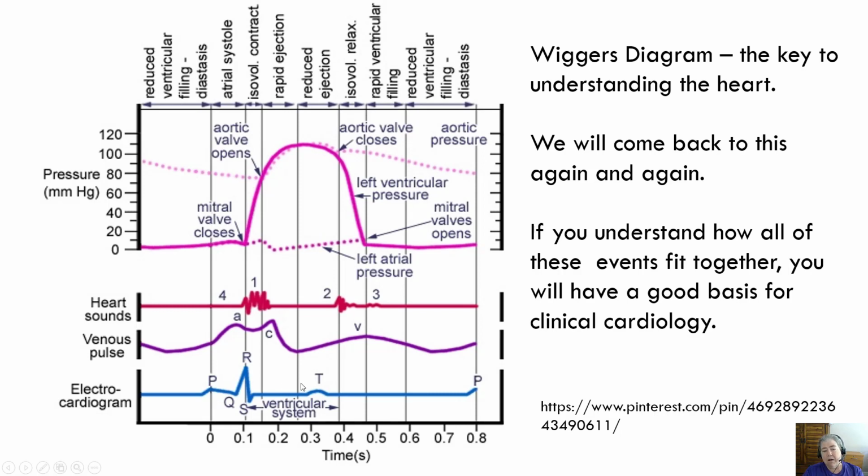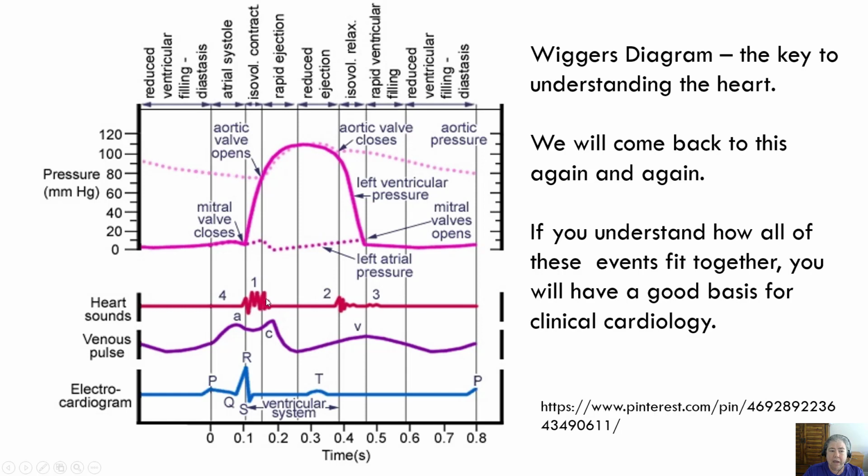So the electrocardiogram, the electrical changes that occurred during the cardiac cycle, can be plotted against time on the Wiggers diagram. And understanding the relationships between these events and these events is important. We can plot a phonogram, heart sounds, and here we have S1 and S2 plotted.